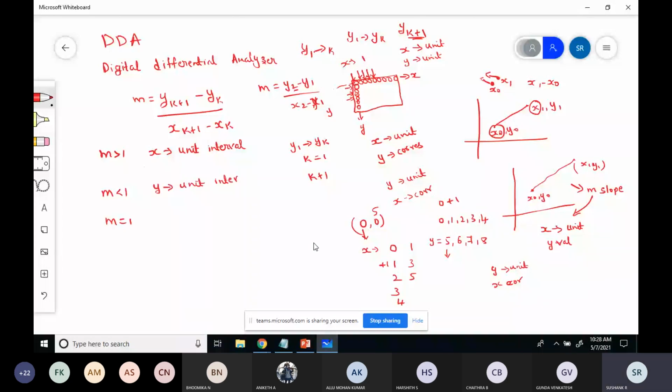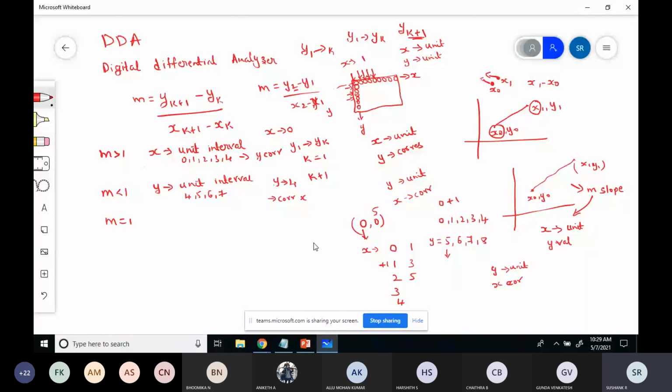For example, if the starting value of x was 0, it will be like 0, 1, 2, 3, 4, and for this you will find the corresponding y value. If y moves in unit interval and the value of y was 4, you'll start with 4, 5, 6, 7, till you find the end point of the line, and for that you will find the corresponding x value.